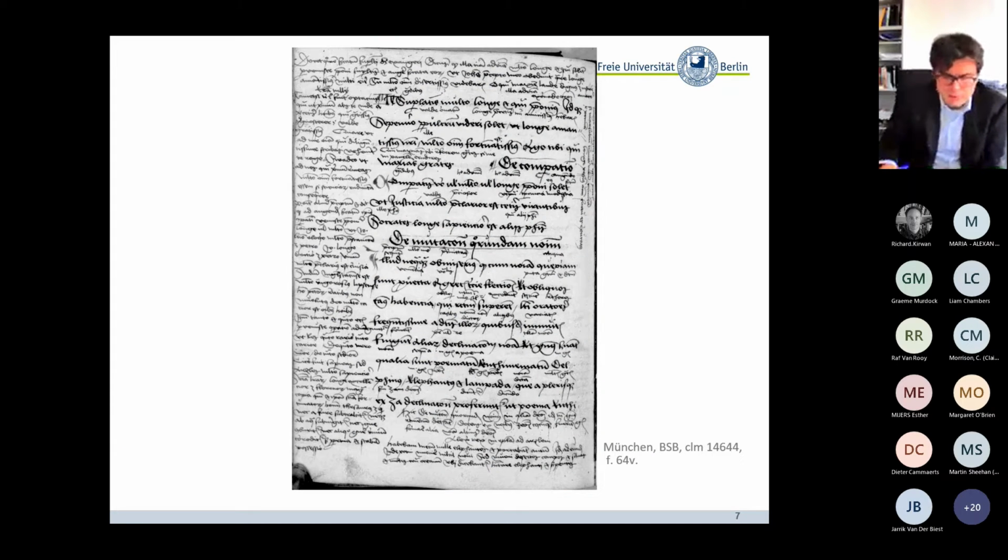The manuscript of the Elegantiolae itself allows us to get some idea of what happened in the late medieval lectures. The layout of the textbook is representative for late medieval university manuscripts. In the student copies, the main text of the Elegantiolae here is written in bigger script.